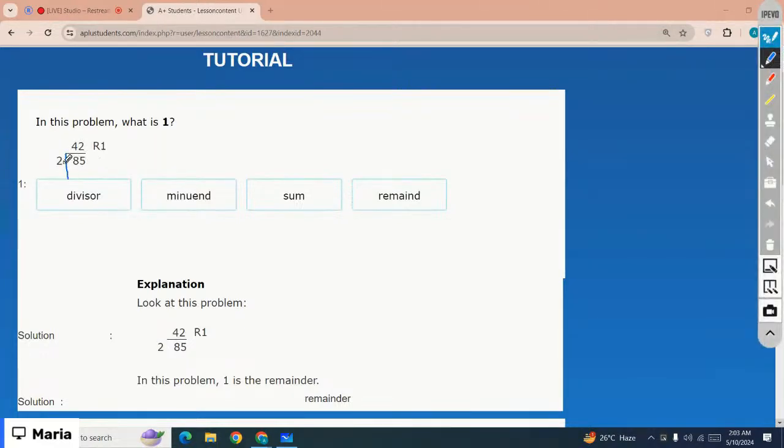This is 85 divided by 2. The answer is 42 and the remainder is 1, right? So after the r you have 1. That means 1 is the remainder in this case, right? The correct option is remainder. R1 means 1 is the remainder. Got it?